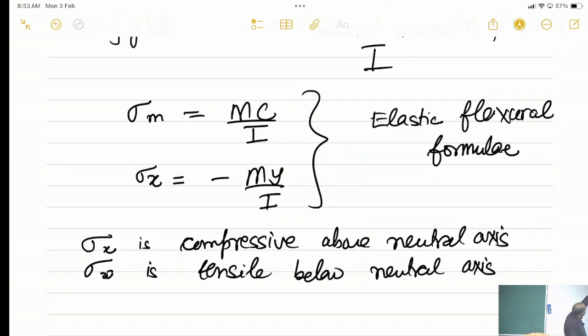Now you see, we have this term c upon I. Both of these depend on the geometry. What is c? The maximum value of y. And I also is something which has got to do with geometry.